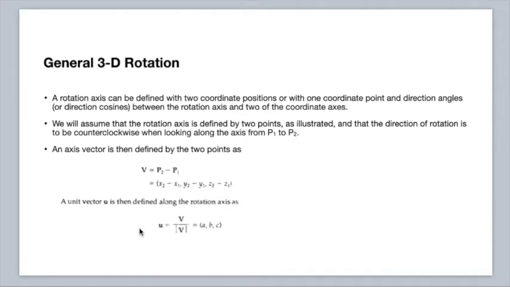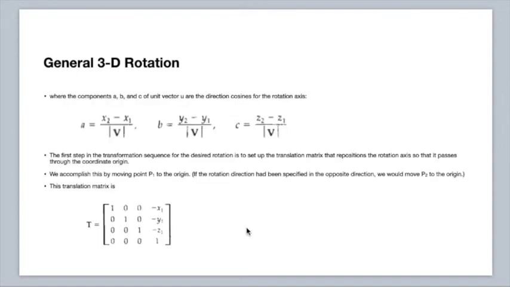The components are a is equal to x2 minus x1 by magnitude of v, b is equal to y2 minus y1 by magnitude of v, and c is equal to z2 minus z1 by magnitude of v. These are some of the things that we'll require in determining our composite transformation.